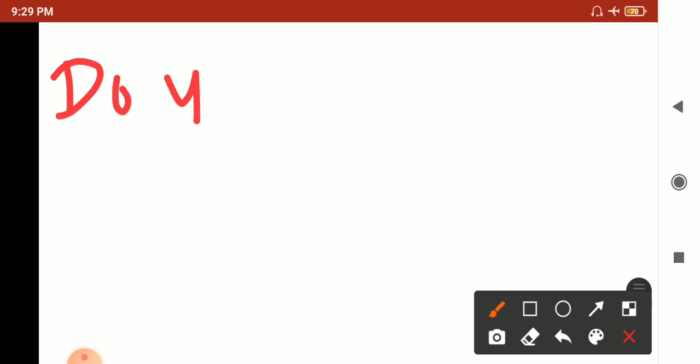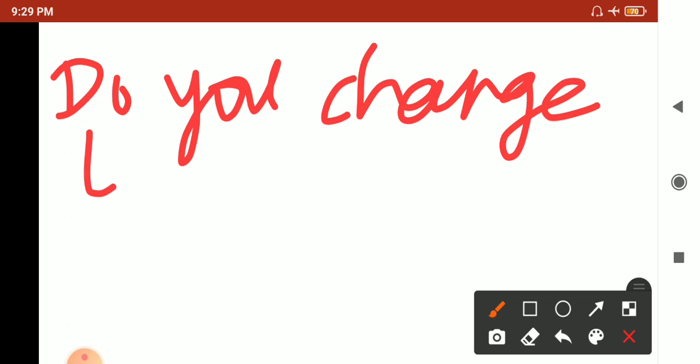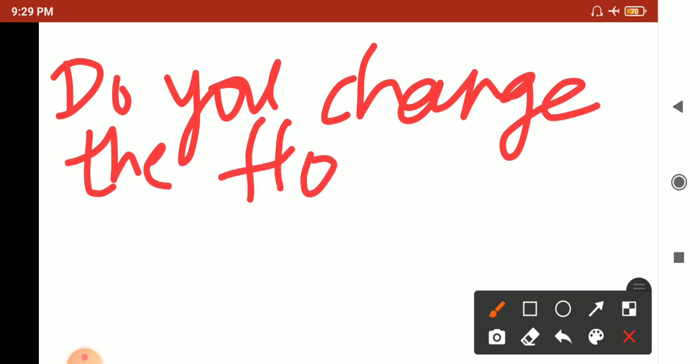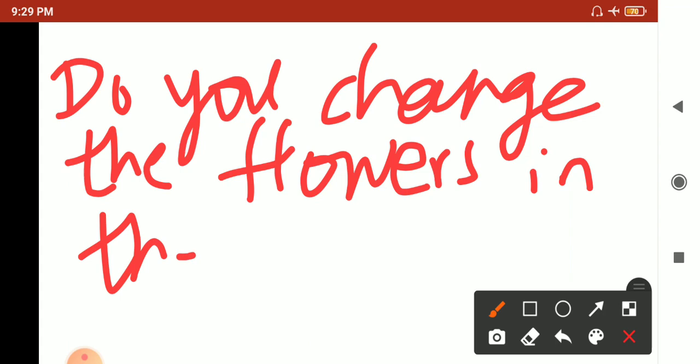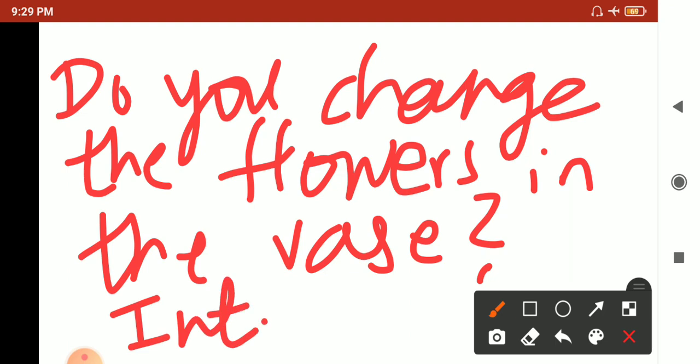Another example. Do you change the flowers in the vase? Right. Now this is an interrogative sentence. So the structure of the sentence is of interrogation and the function of the sentence is to ask a question.